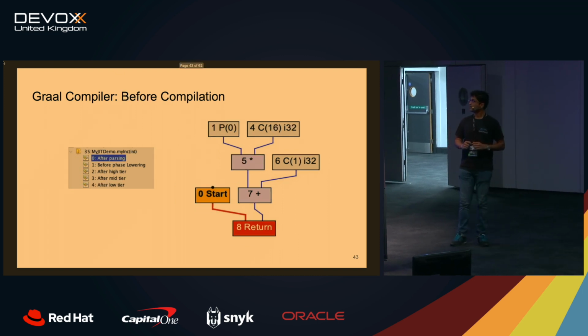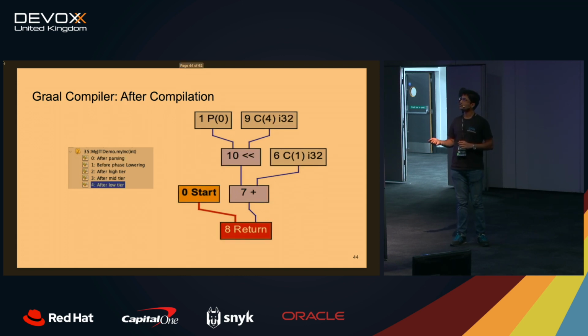So you see, we had this multiplication node, which got converted into this left shift. And instead of multiplying by 16, we are doing a left shift by 4. On hardware, typically multiply may take longer than the left shift.